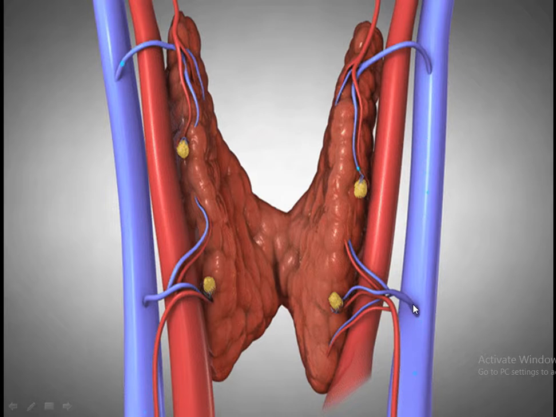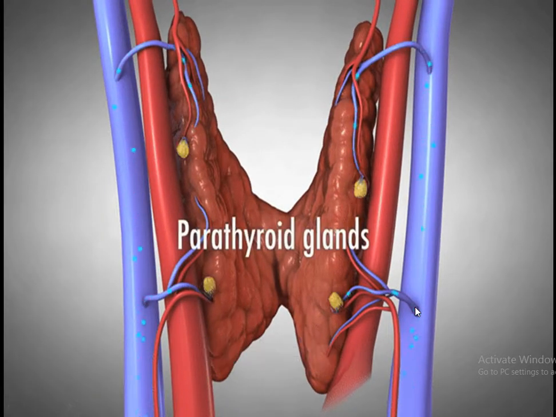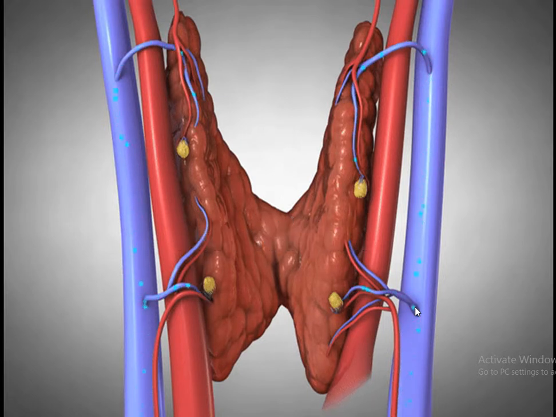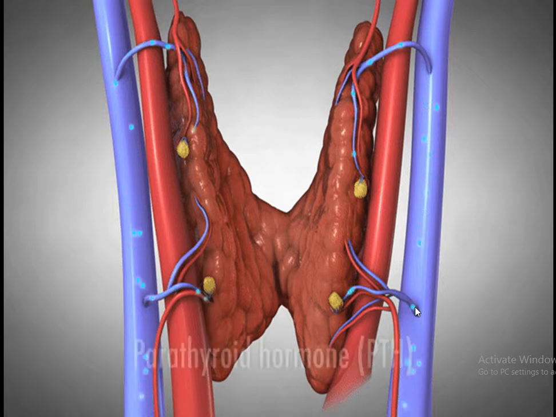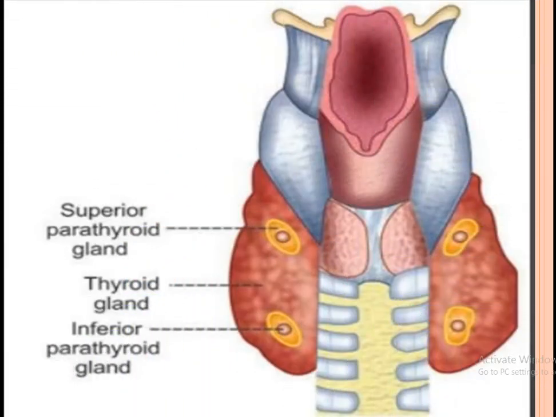They are secreting their secretion, that is the parathyroid hormone, into the blood. Among the four, two are superior and two are inferior parathyroid glands.